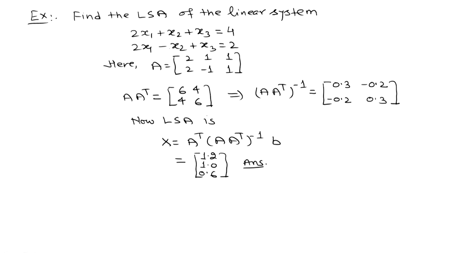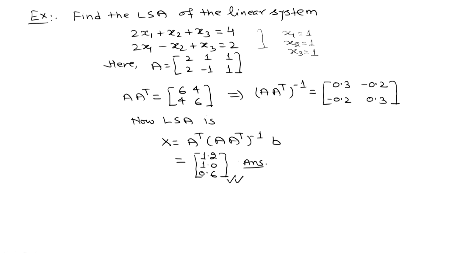One solution of this system you can see directly: x1 is 1, x2 is 1 and x3 is 1. This solution satisfies these two equations exactly. However, we are getting a different solution using this least square approximation technique. Why?